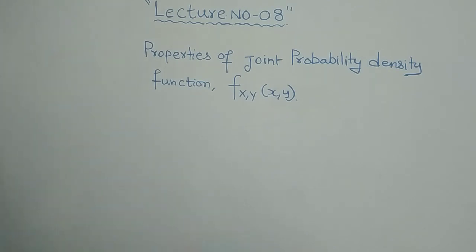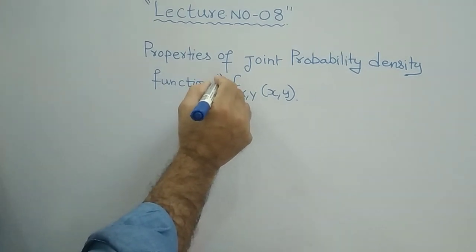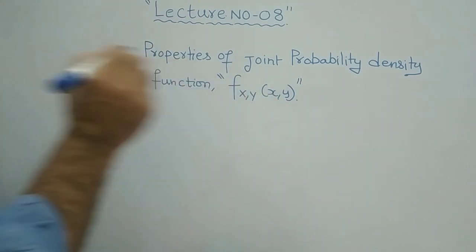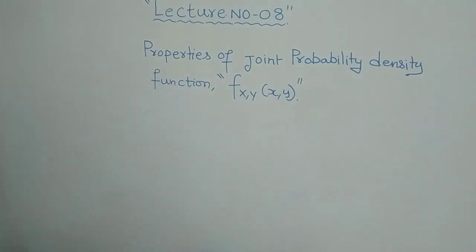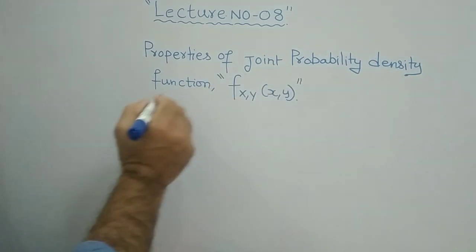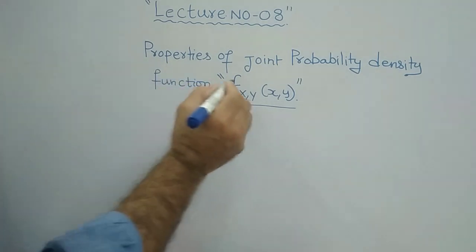This is lecture number 8, in which we are going to see very important properties of the joint probability density function, that is small f of x, y. So the joint probability density function is represented by small f of x, y.